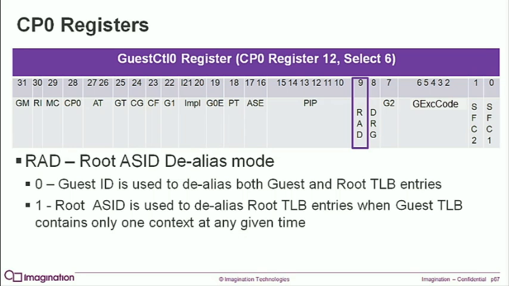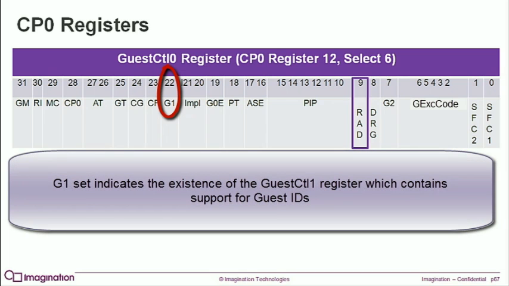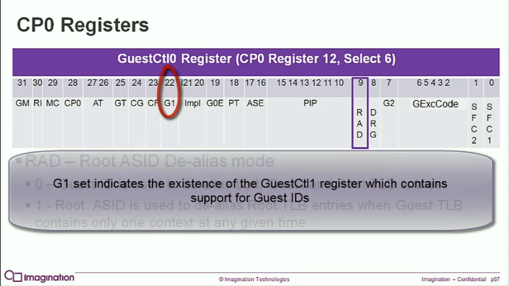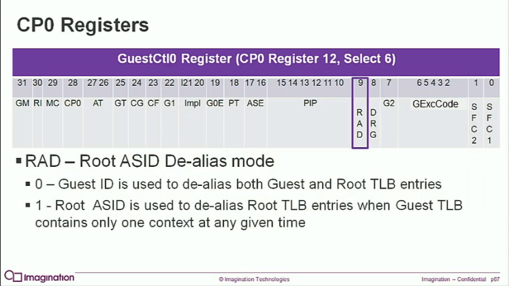Note, if this bit is 0, then the hypervisor must use guest IDs in the TLB entries, so the G1 bit in this register must be set, indicating the existence of the guest control 1 register, which contains support for guest IDs. Conversely, if this bit is 1, then the G1 bit will be cleared and the guest ID cannot be used.